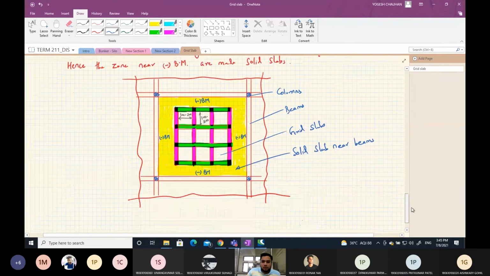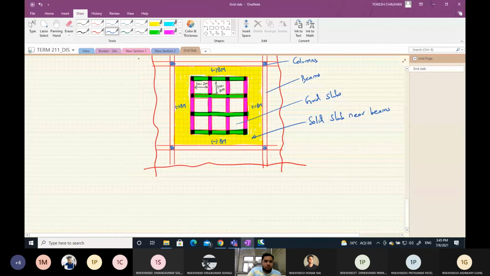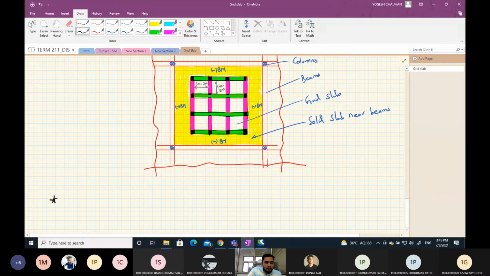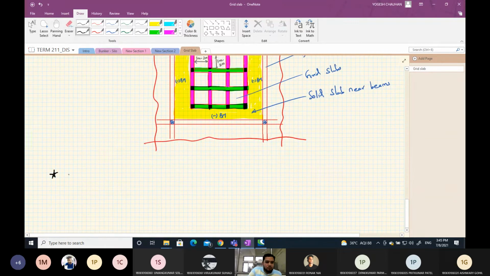Now next we discuss the size of such beams. What should be the size of beams? Size of beams and topping.